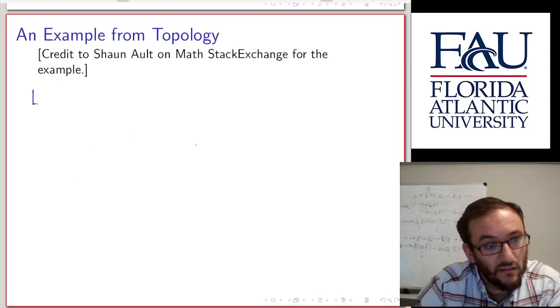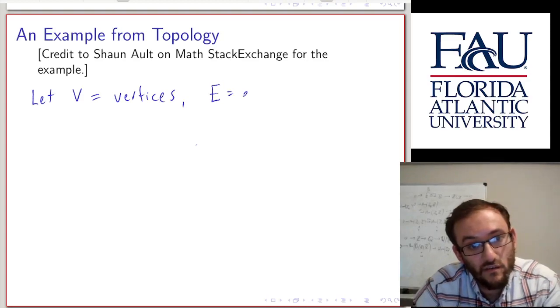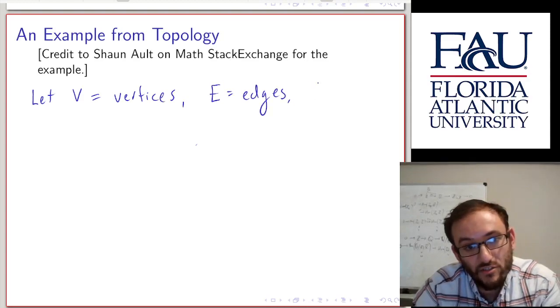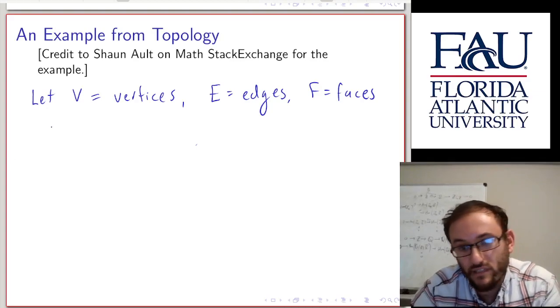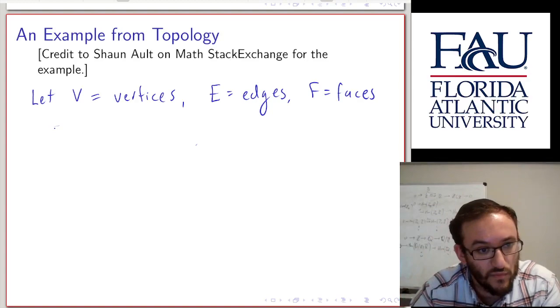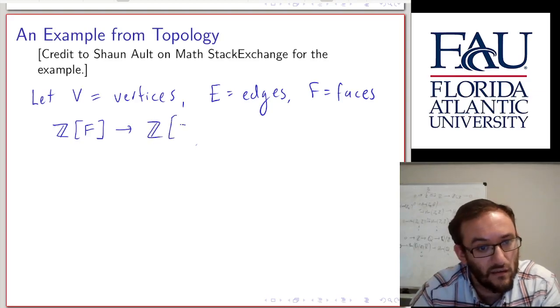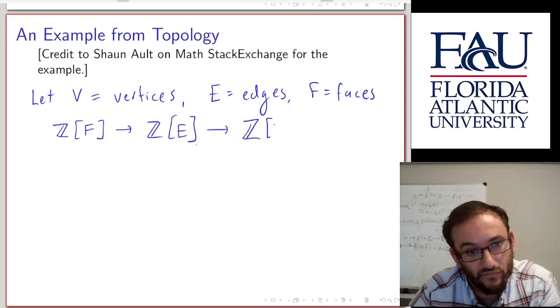We're going to define the vertices, edges, and two-dimensional faces of a polyhedron using the letters V, E, and F. And then we can take the module generated by those sets. So this will be Z^F, Z^E, and Z^V.